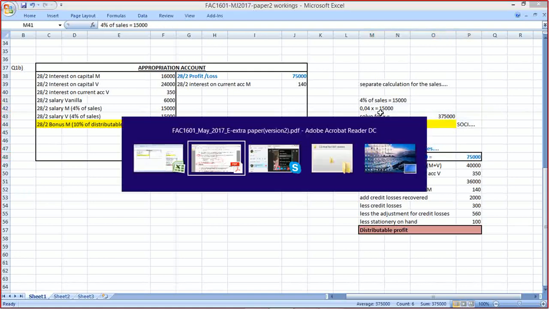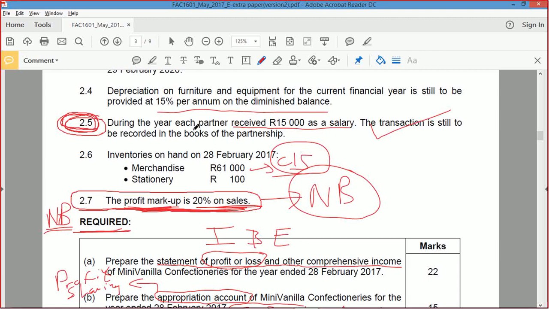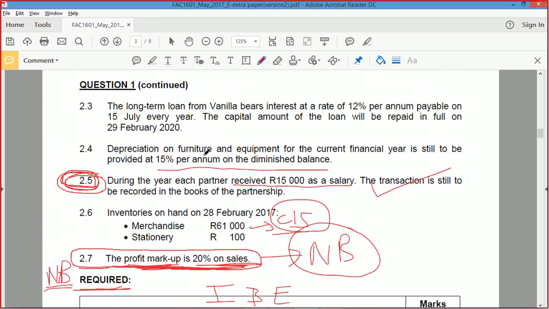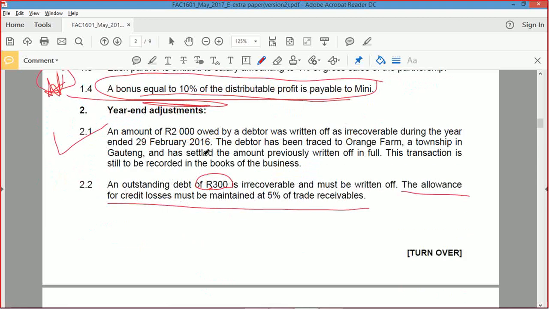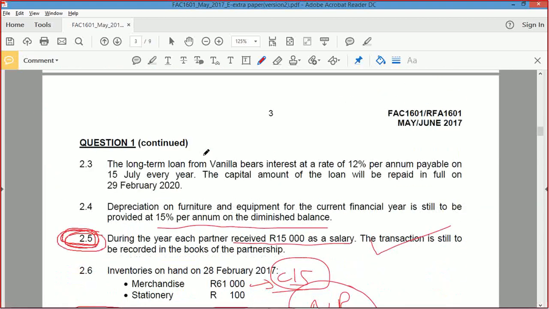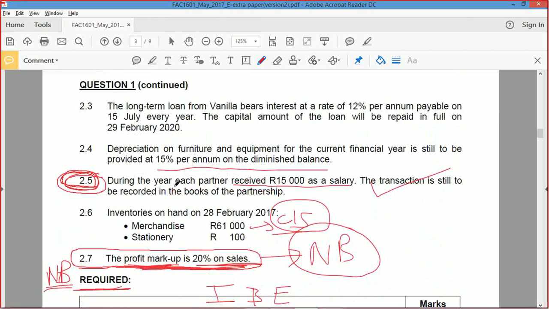Okay, so we worked out the sales because they told us that 4% of the sales was the, where was it? Was the salary, hey? Let's just go back and see that. Where was that salary line item? Yeah, here it is. During the year, each partner received 15,000 as a salary. The transaction is still to be recorded in the books of the partnership.